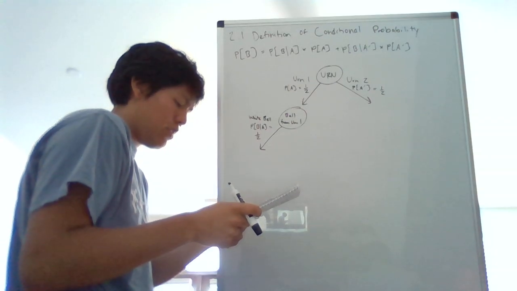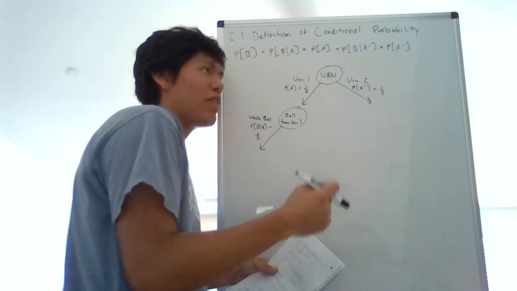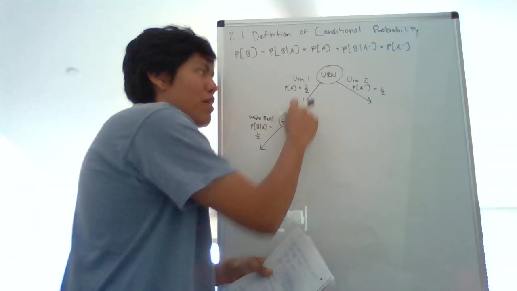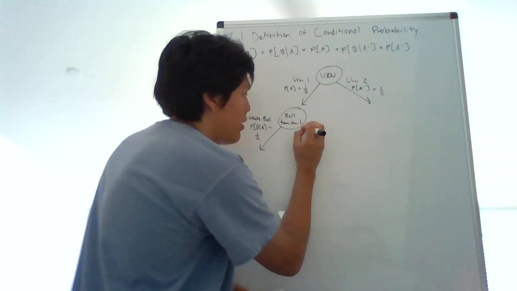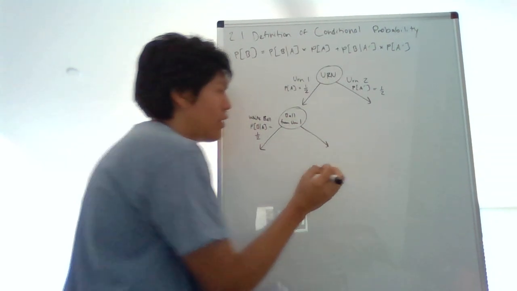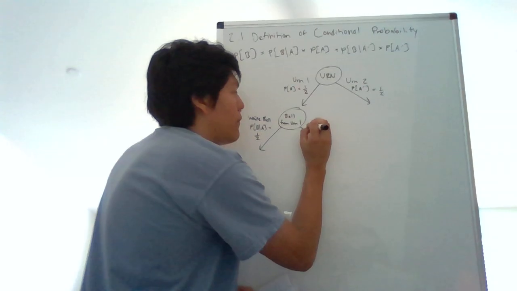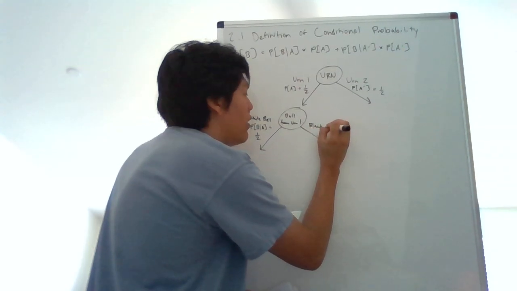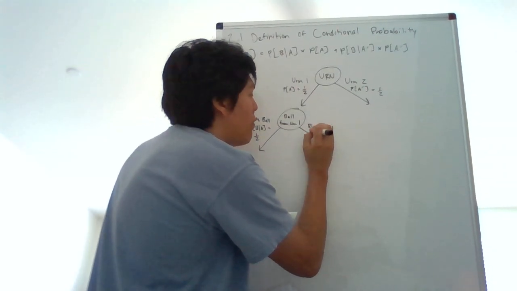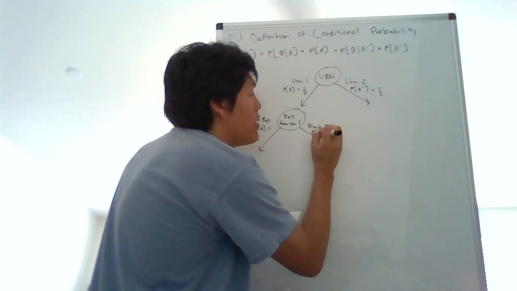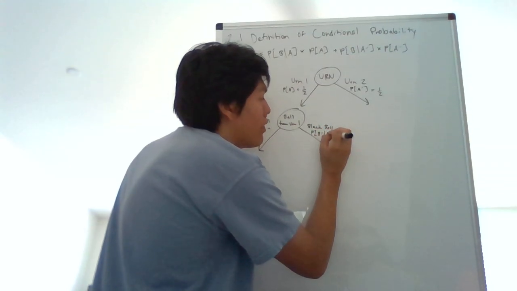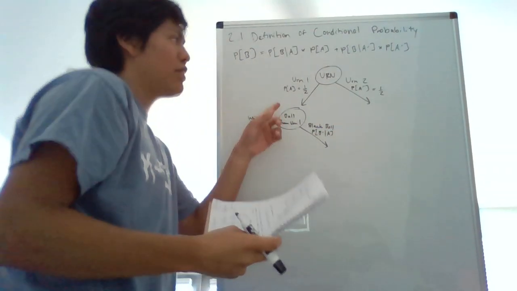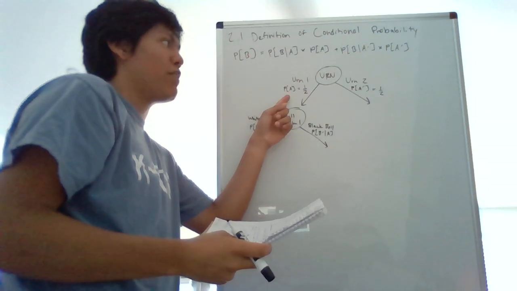Now, what's the probability that we chose urn 1 but picked up a black ball? It goes this way. That's also 1/2. And we would denote that by the probability of B complement given A. So the A comes from the fact that we chose urn 1.